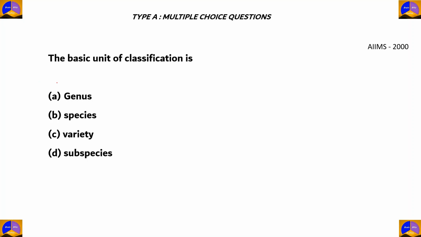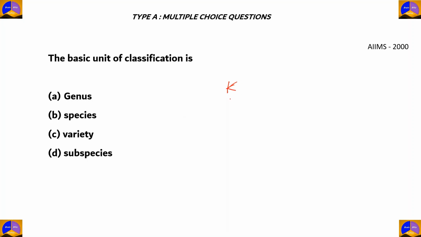The basic unit of classification is A. Genus, B. Species, C. Variety, D. Subspecies. Now, for this question, we will consider the taxonomical hierarchy. There are basically 7 taxons in this hierarchy.